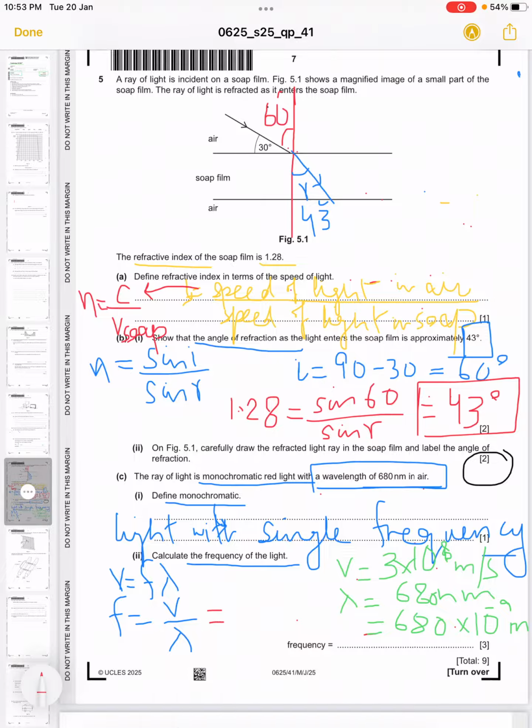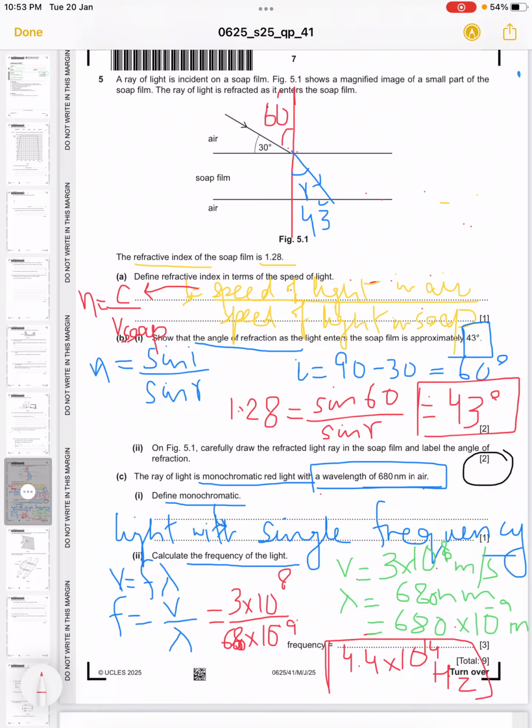Okay, so what we are getting: 3 into 10 raised to the power 8 divided by 680 into 10 raised to the power minus 9. So what answer do you get? You get 4.4 into 10 raised to the power 14 hertz, right?